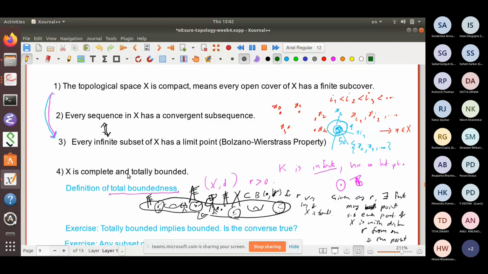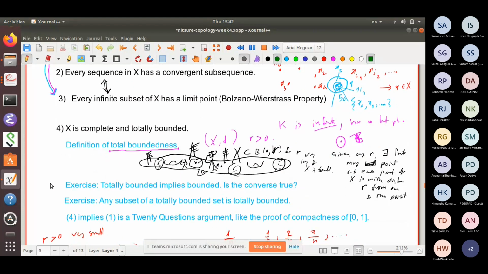Now, the claim is that this is complete and totally bounded, and you guys were giving me various proofs, but let's recall what total boundedness was. Total boundedness means take balls of any prescribed size, finitely many of them will cover your space.